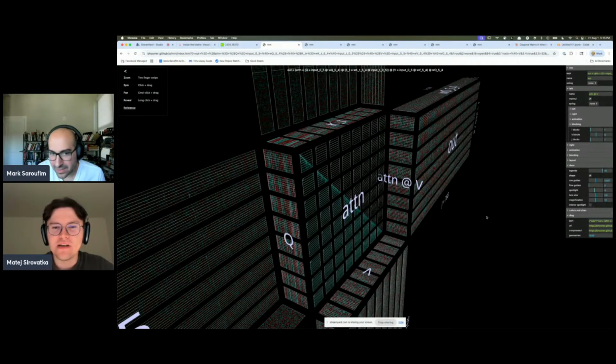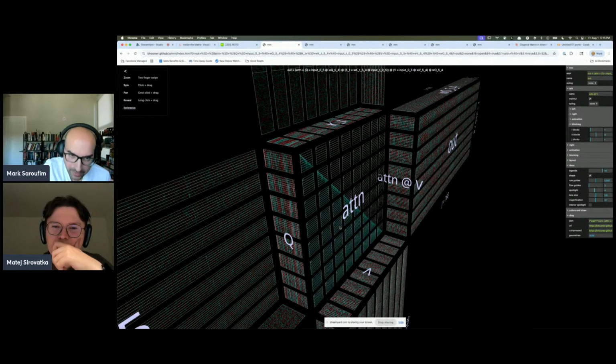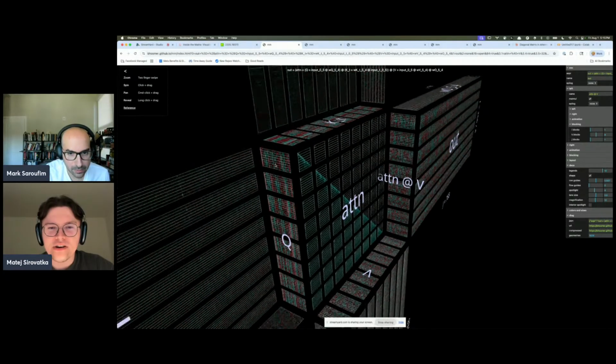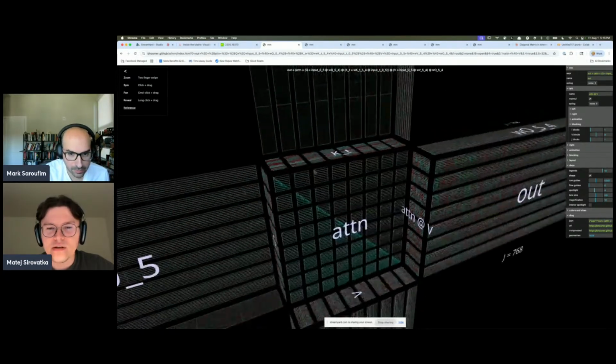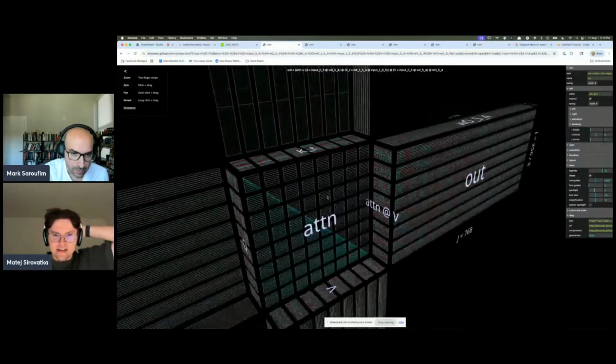It has to be row because you're scanning, so you're still contracting over the sequence dimension. Yes, sequence, correct.